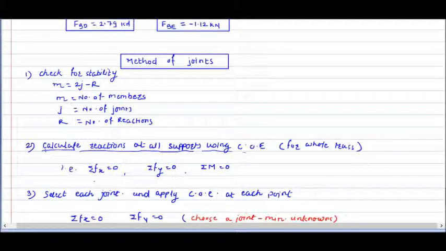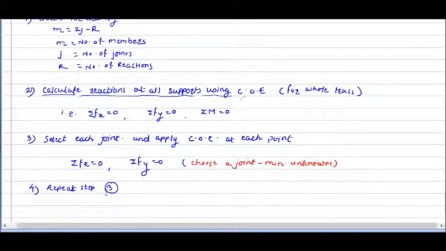And in the third step we selected each joint separately, and for each joint we applied conditions of equilibrium and got values for the different members. While choosing that joint, what we kept earlier is that a minimum number of unknowns should be there at the point we select. And at last we repeated step number 3 for all other joints.